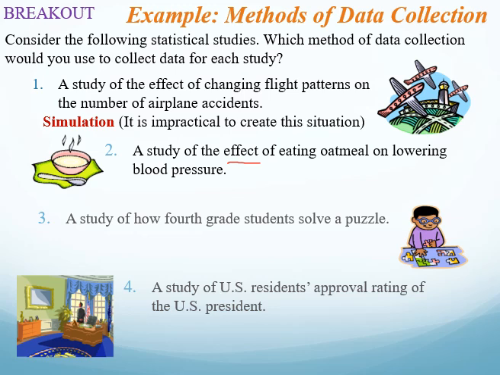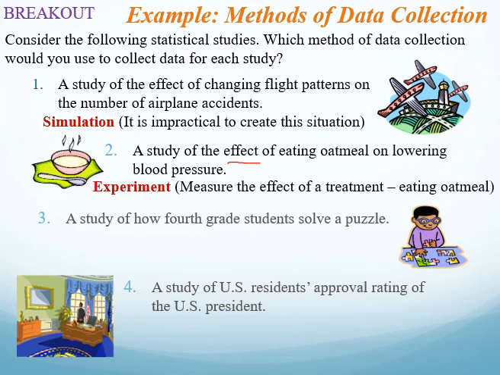You'd see if the people eating oatmeal have lowered blood pressure at the end of 2 months or whatever. So this is definitely an experiment. The treatment is that you make some people eat oatmeal and some people don't, and that is the treatment you impose on them.